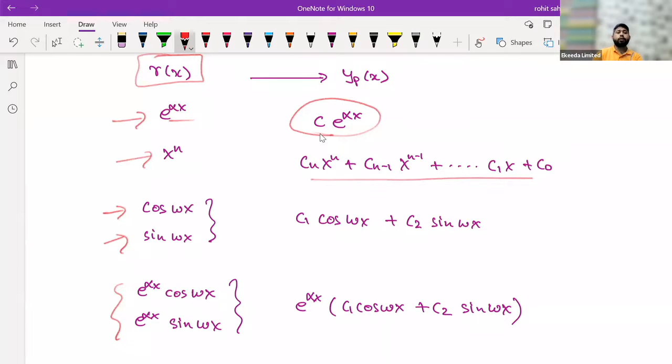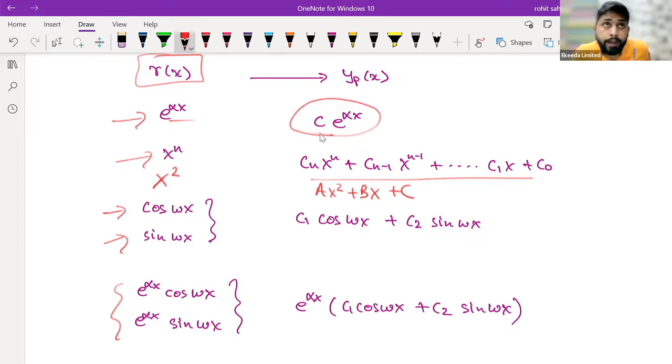That is, for example, if you get x square here, then for its particular solution you have to take a times x square plus b times x plus c. That means you'll have to consider all the lower powers of x now. So x square is the term here, so you'll have to consider x square, x, and x to the power of 0.